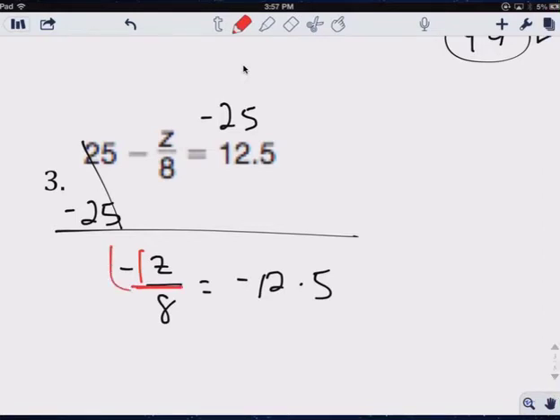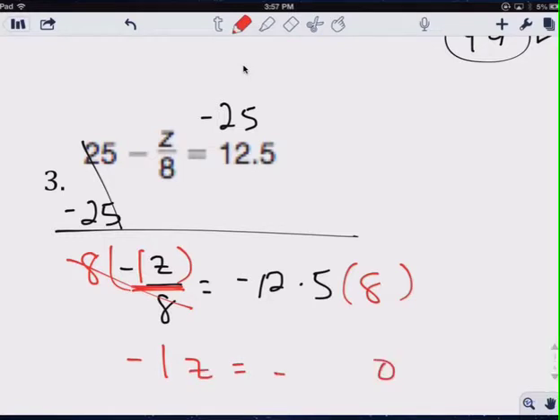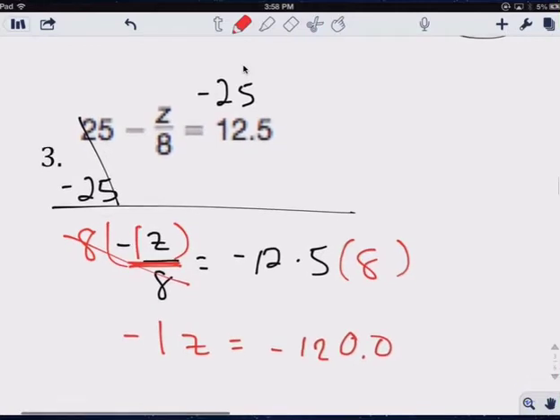So this is times by 8, because it's divide by 8. The opposite is times 8. Negative 1z equals a negative 2.5 times 8, which is 100, not 120.